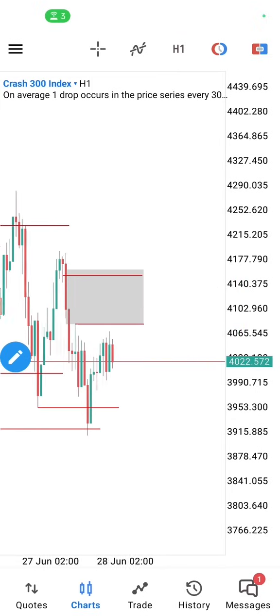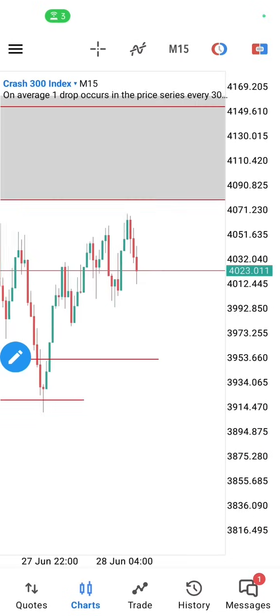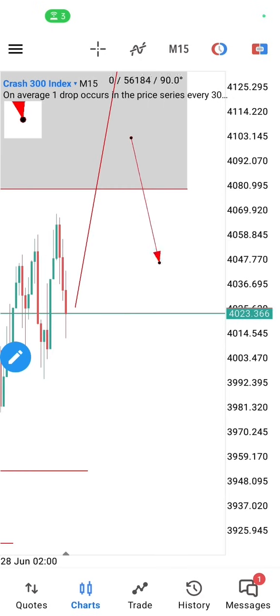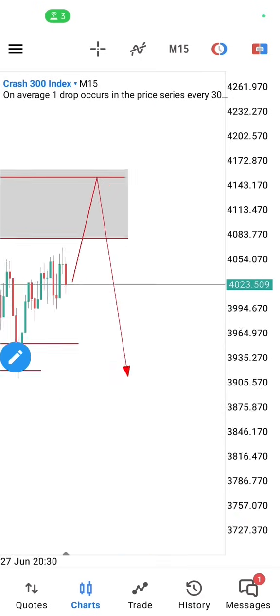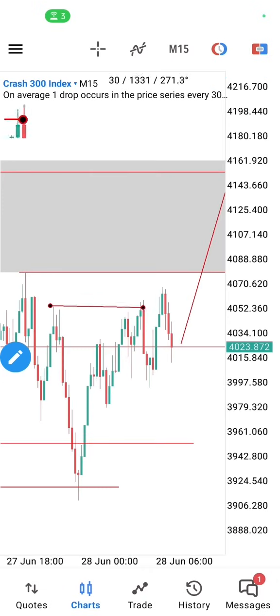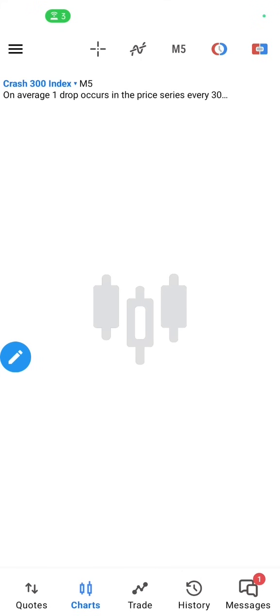So we have a setup here where we can buy into the imbalance and also sell because of the general institutional order flow from the daily. So now we're going to be buying into the imbalance. Price made a wipe above that high, and it respected the 15-minute order block like we can see.